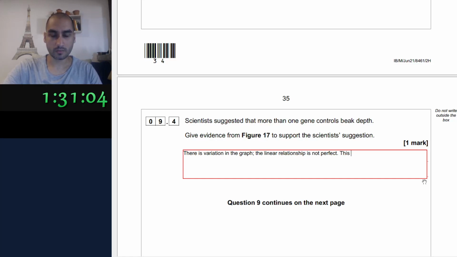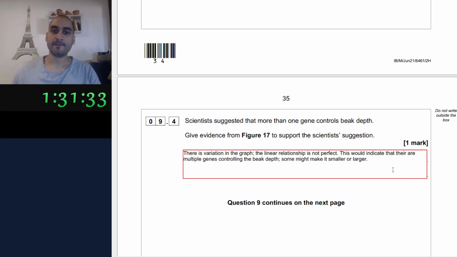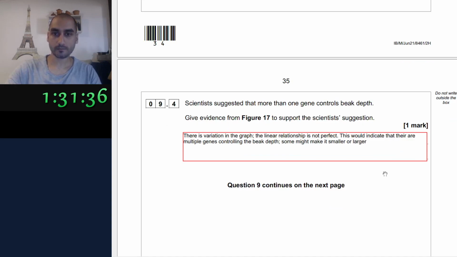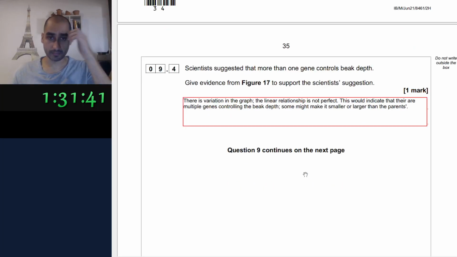This would indicate that there are multiple genes controlling the beak depth. Some might make it smaller or larger than the parents. Again, it's 1 mark.